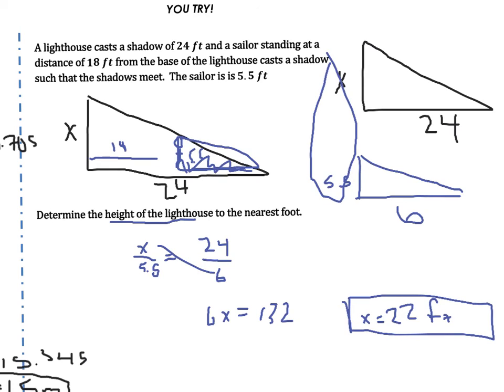So why does this answer make sense looking at our problem? So we know the height of the lighthouse has to be bigger than the sailor. So 5.5 was the sailor, so this better be bigger than 5. And if you look at the scale factor, it's being multiplied by 4, so it should be 4 times as big. And yes, 5.5 times 4 is 22, so it definitely makes sense.